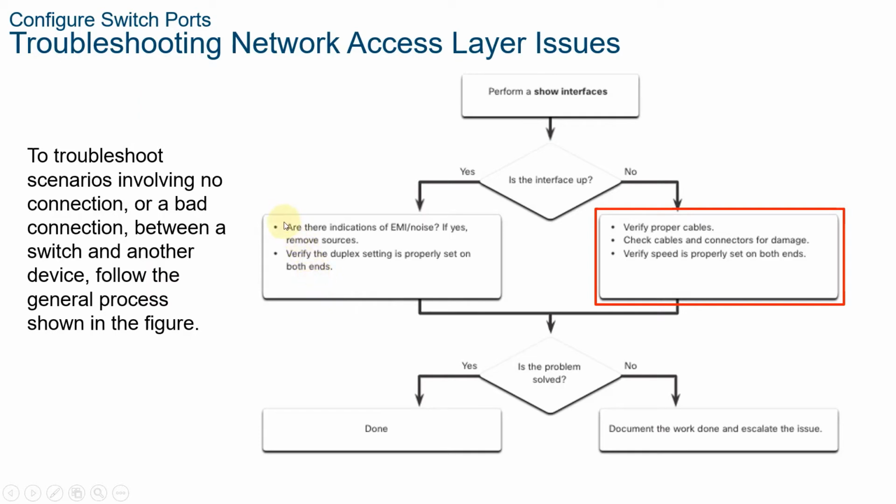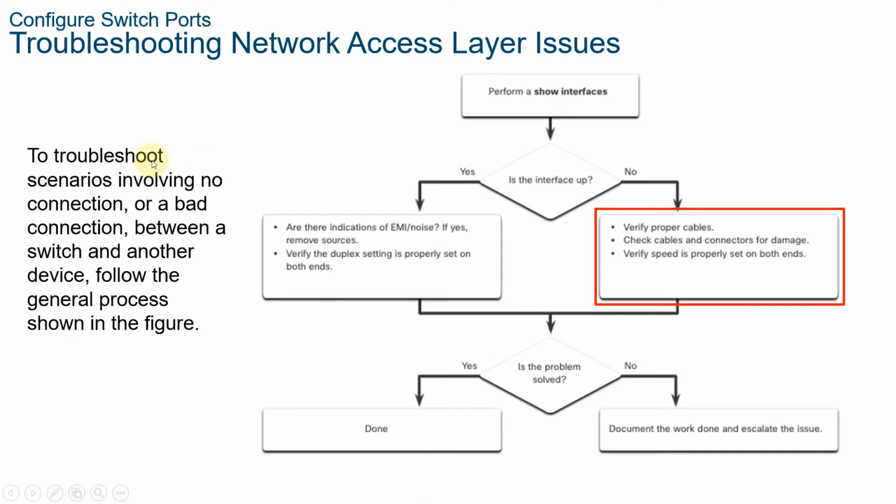Troubleshooting network access layer issues. Most issues that affect a switch network are encountered during the original implementation. Theoretically, after it is installed, a network continues to operate without problems. However, cabling gets damaged, configurations change, and new devices are connected to the switch that require switch configuration changes.